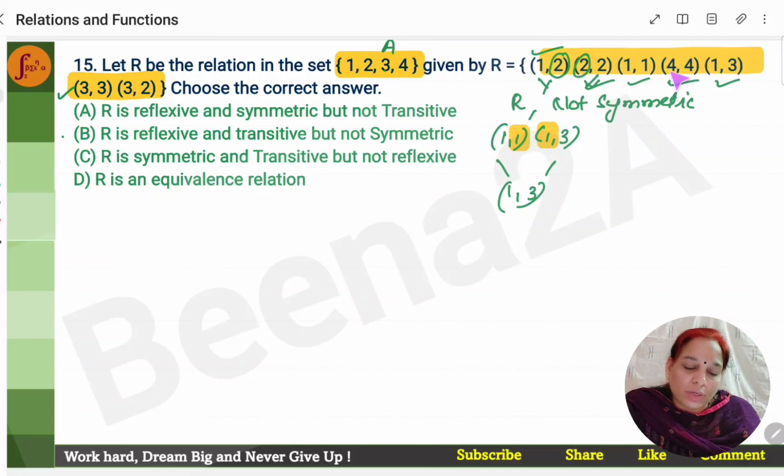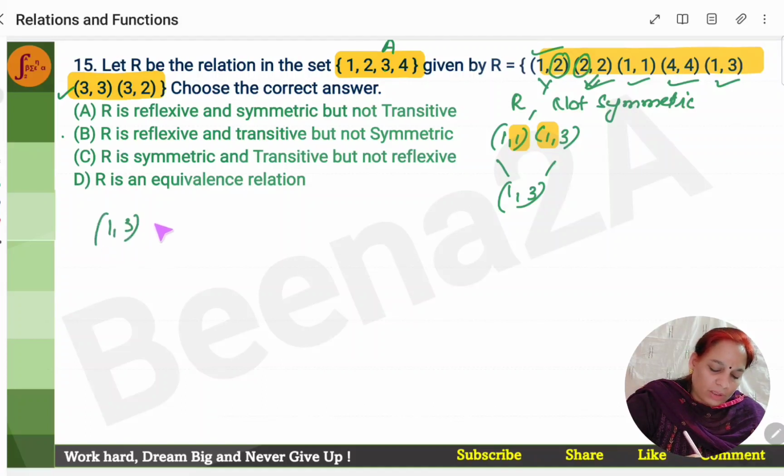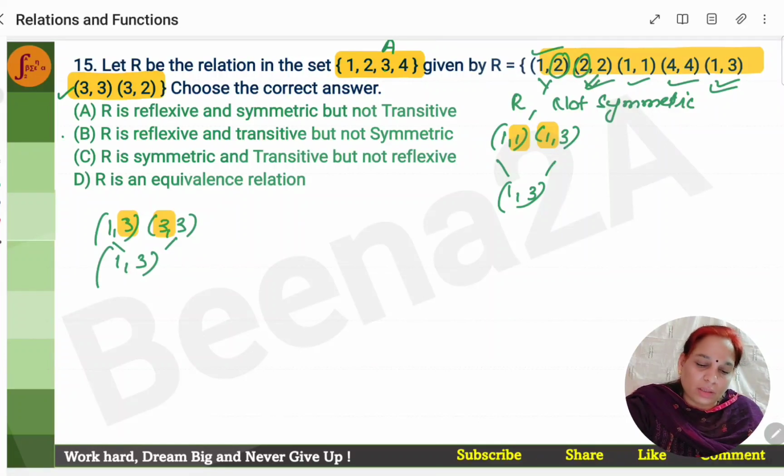Now let's look at any other repeated elements. You have (3,3) here and (1,3). Again repeated elements, (1,3) and (3,3). So 3 and 3 is repeated here. What is the combination? (1,3). Is (1,3) here? It's here. Right? We have another combination (3,2) and (2,2). 2 and 2 is repeated.